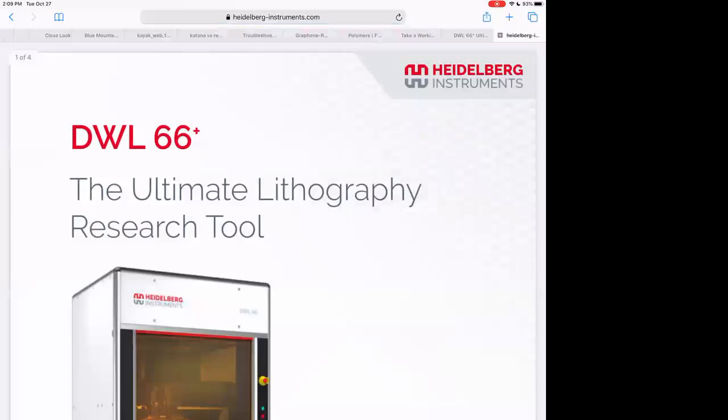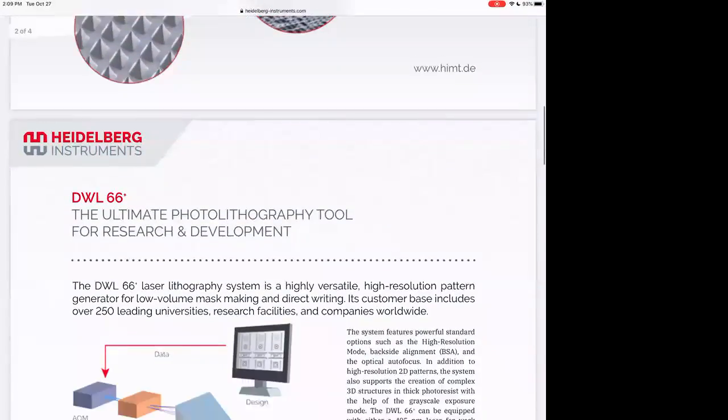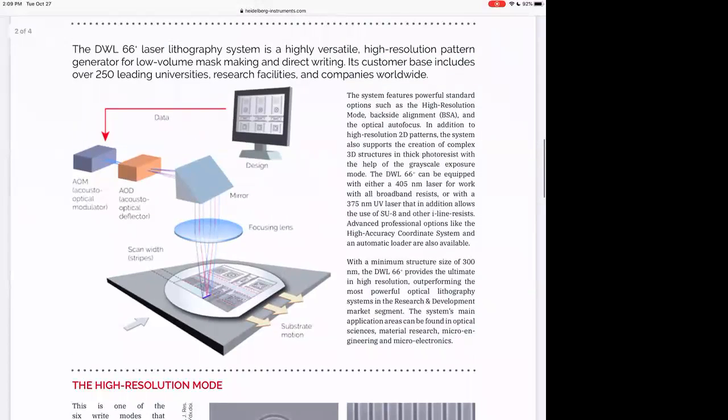Let me see what the fact sheet looks like. So this is exactly like a raster scanning. Well, it's both raster scanning with a 2D focus, so you can do different parts of the wafer.